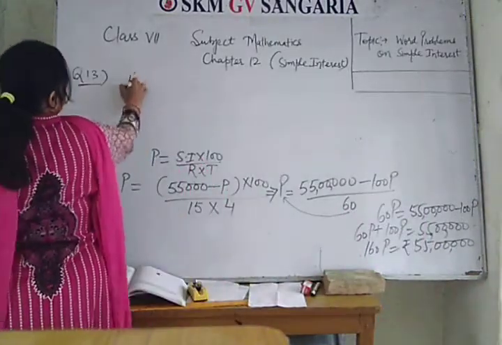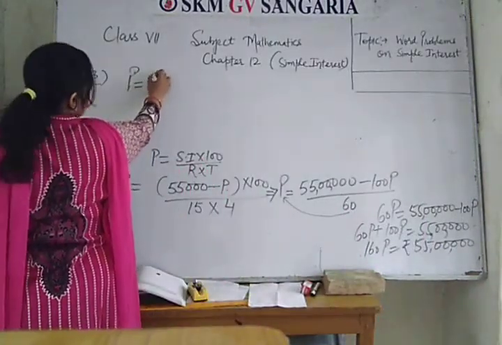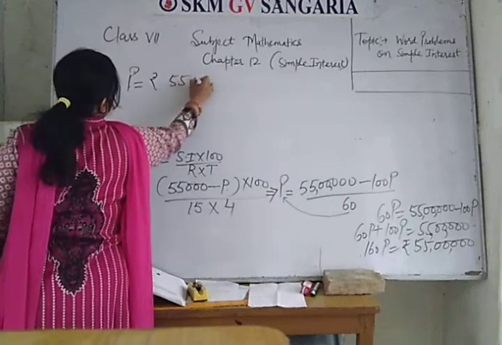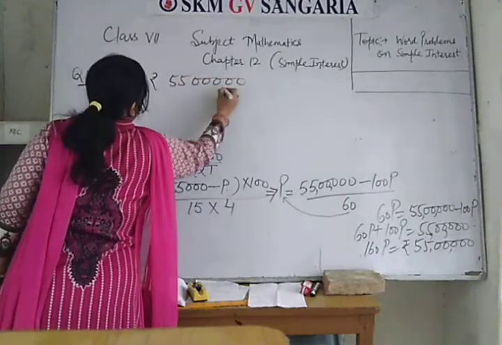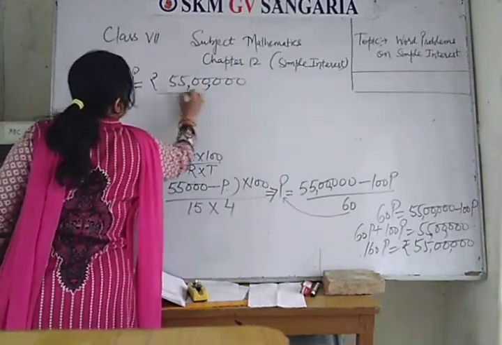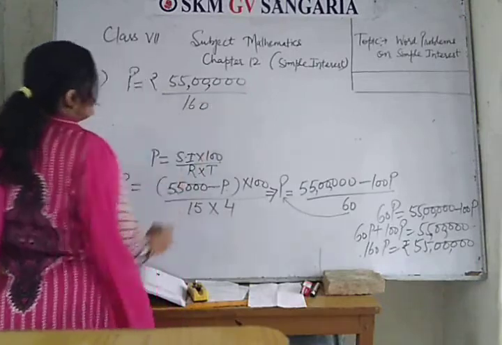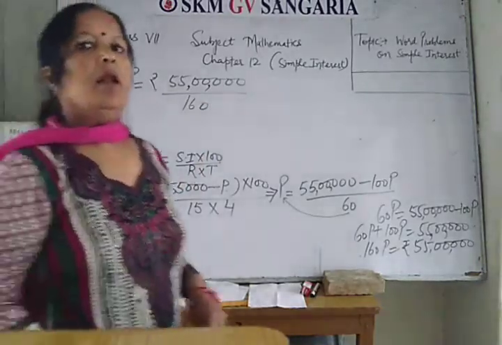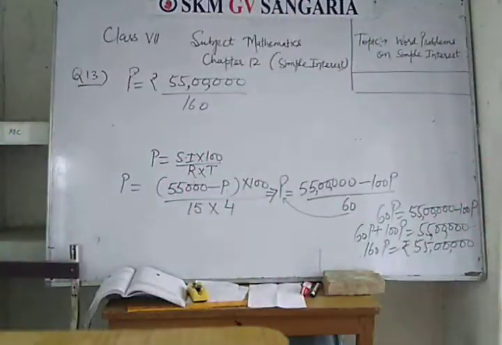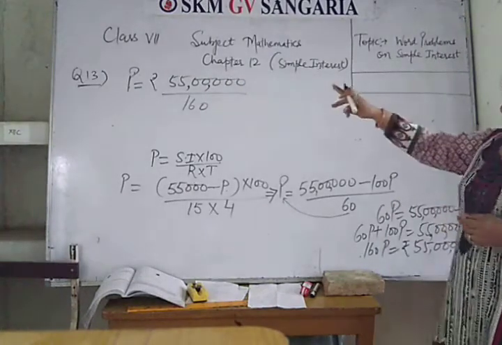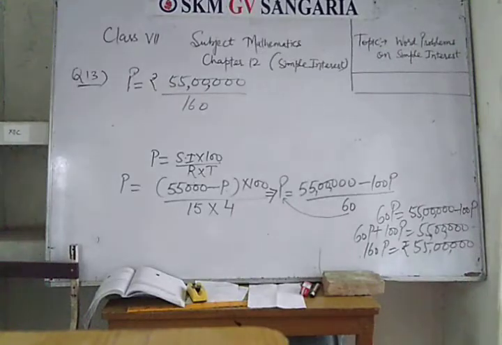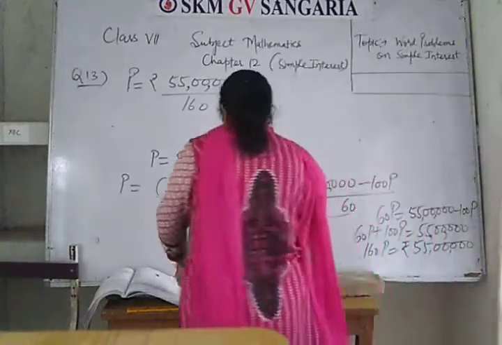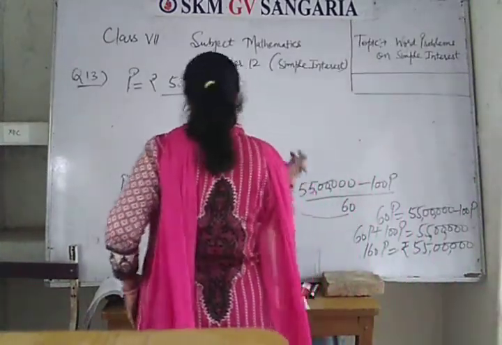Now P is equal to 55 lakh divided by 160. Please solve and get what will be the principal after dividing 55 lakh by 160. Please hurry up. Find out how much it is.